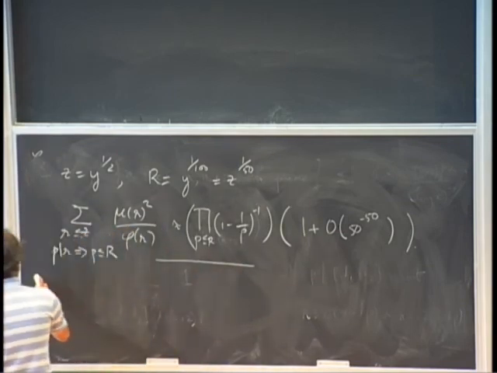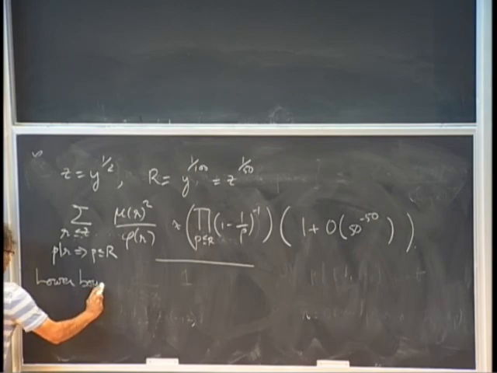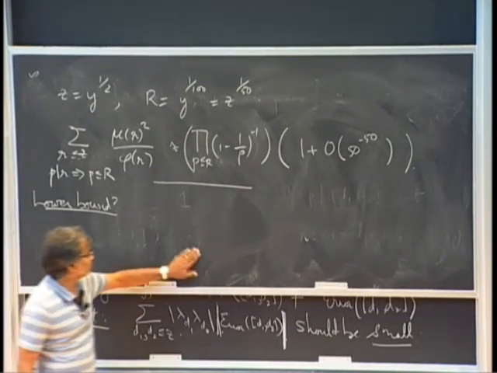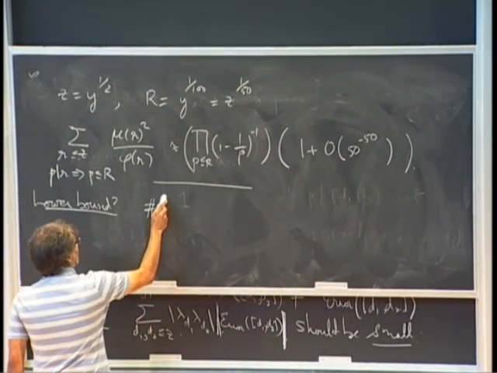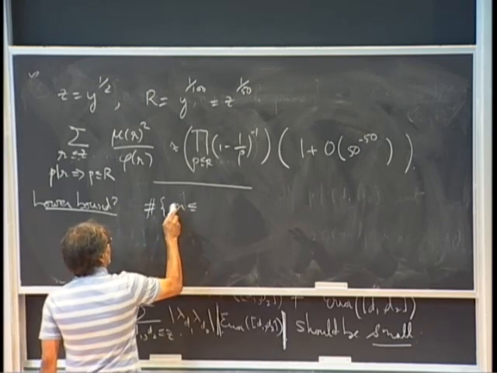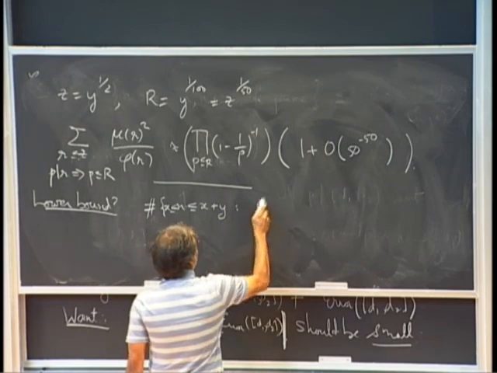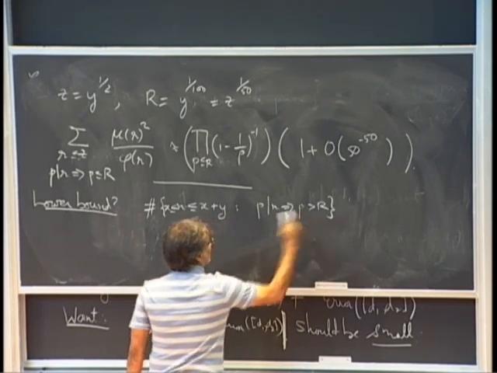So how to get the lower bound? I'll say 2 words about this and then we'll stop. Well, this is not too bad. So suppose I want to count the number of integers between x and x plus y, such that p divides n implies p is bigger than r, right?